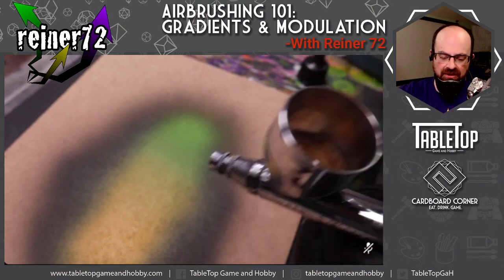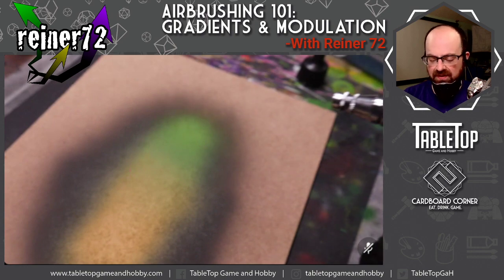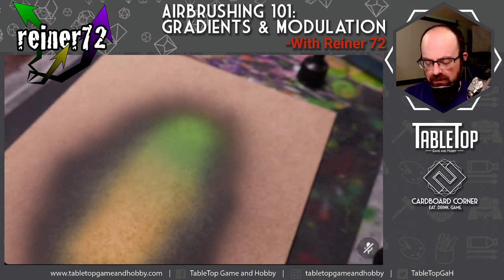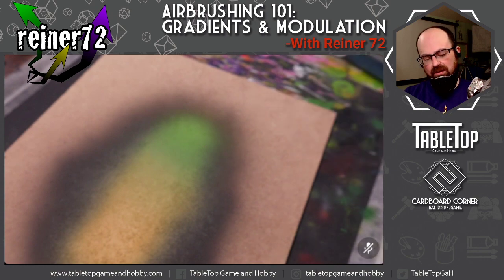All right, we're going to completely switch out our paint here. We're going to move on to Sunset Purple from Scale 75. This is going to be the opposite. The agitator stuck in the bottle. Oh my goodness, am I actually out of this? Wow.